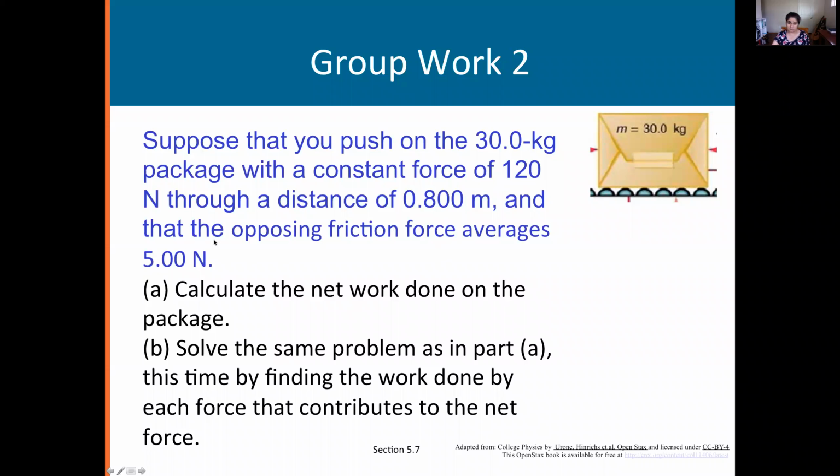It's 5 newtons times 0.8, right? 40 joules. You also have the weight of this. And what work does that do? 0, since the displacement is not in that vertical direction. There's also the normal force. And what work does that do? Also 0. So you just need to write out each of these.